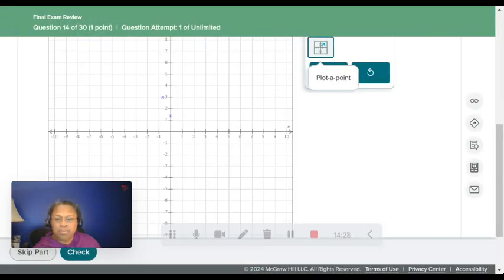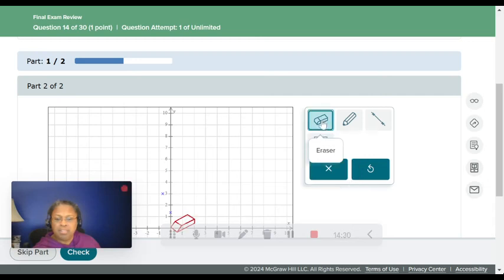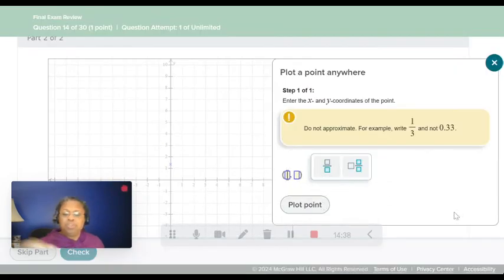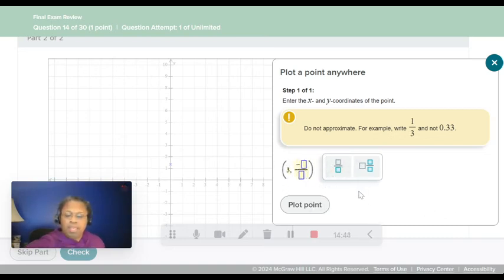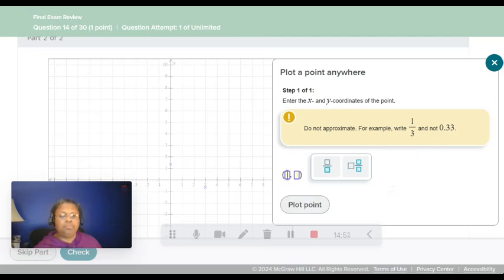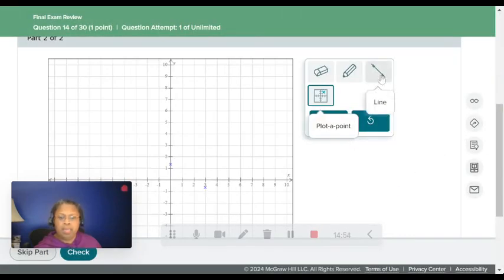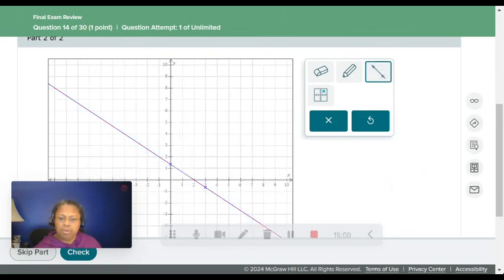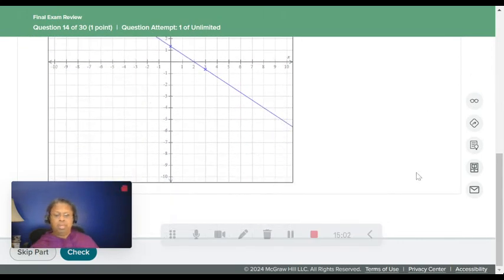That's why I said it should be interesting, because I'm used to just plotting this, not having to play with the plot a point. So let's try it again. So it's going to be 3, -2/3. And that should be our second point. And our line should go from here to here. And let's see if that works.